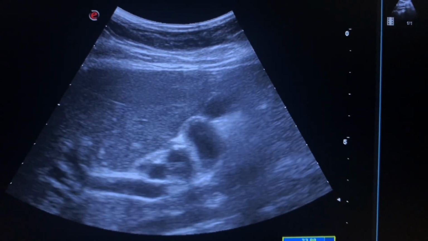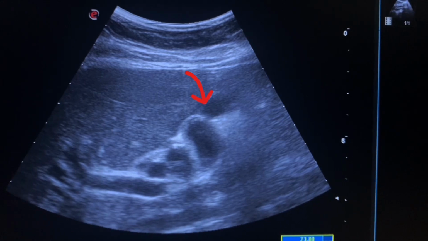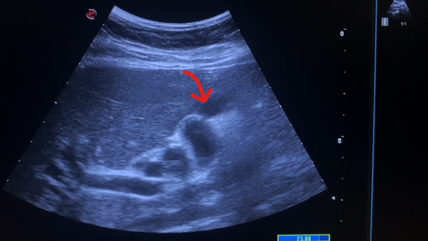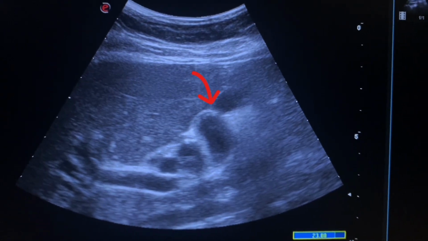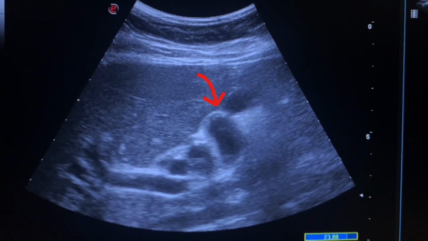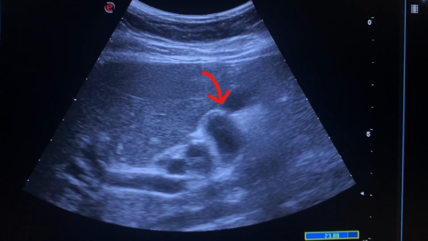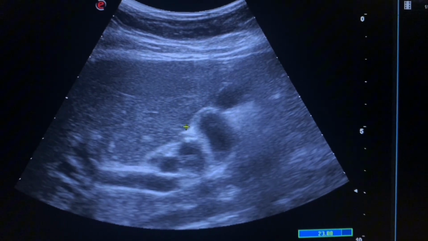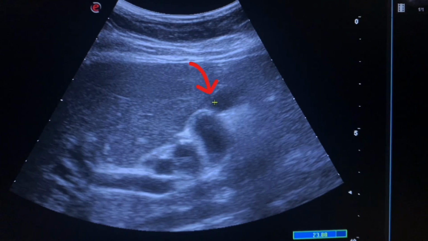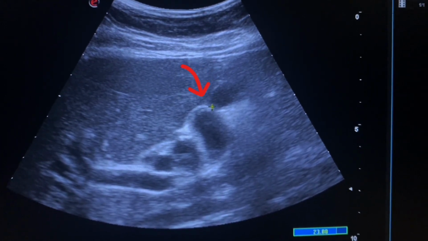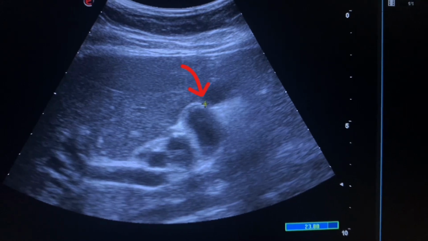Now, here we focus on the fundus of the gallbladder. We see a defect in the wall of the fundus, and the bile is leaking from this defect into the surrounding area.